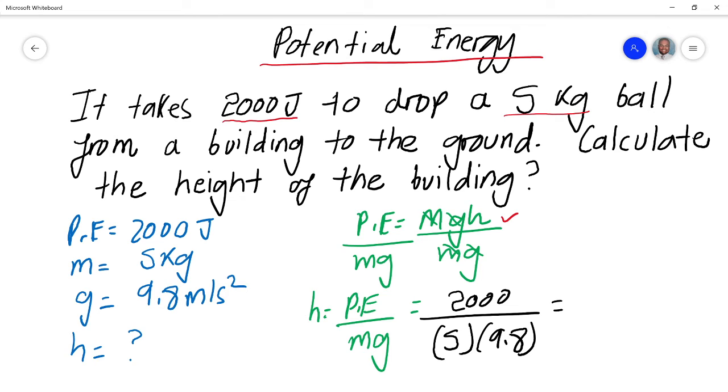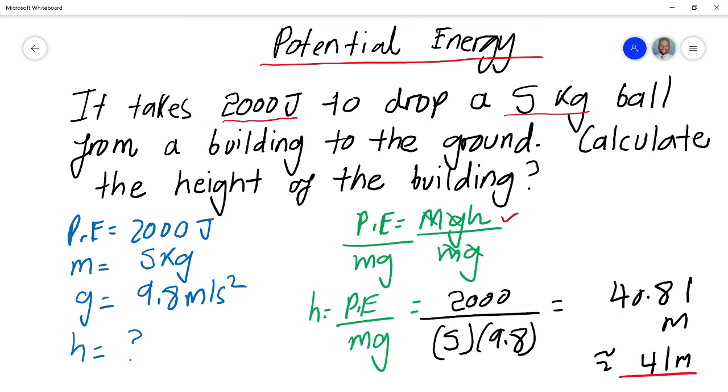And then we get our calculator to work this out. So that's 2,000 divided by 5 times 9.8, and you're going to get 40.81 meters. You could round that off to say 41 meters, and that's your height.